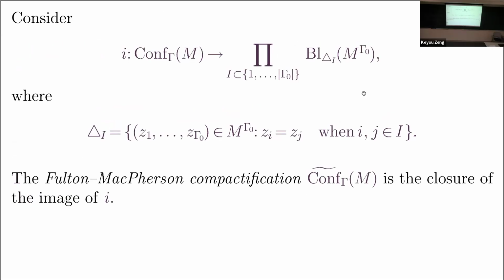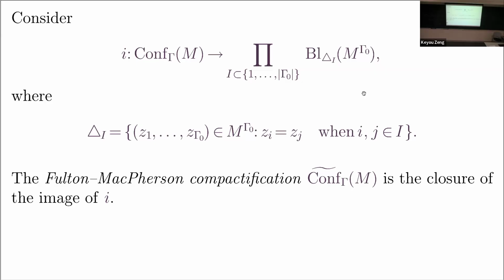Now let's introduce a compactification of a configuration space of n points. The basic idea is we want to find some compactification of the configuration space of n points such that if we remove this open part, then what is left is just some simple normal crossing divisor. This is a famous construction given by Fulton and MacPherson.